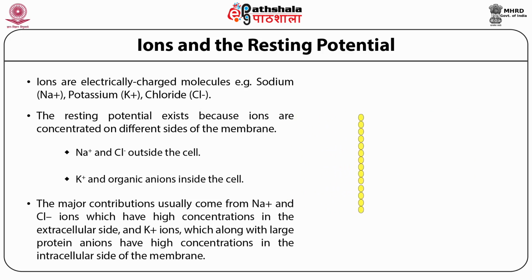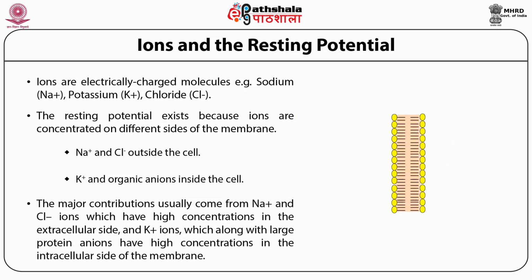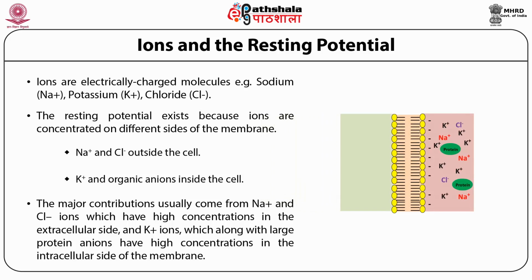The major contributions usually come from sodium and chloride ions, which have high concentrations on the extracellular side, as I told you before, and the potassium ions, which along with large protein anions have high concentration on the intracellular side of the membrane. In the figure you can see.